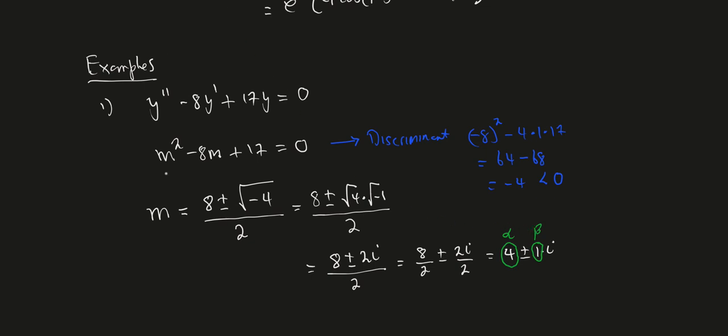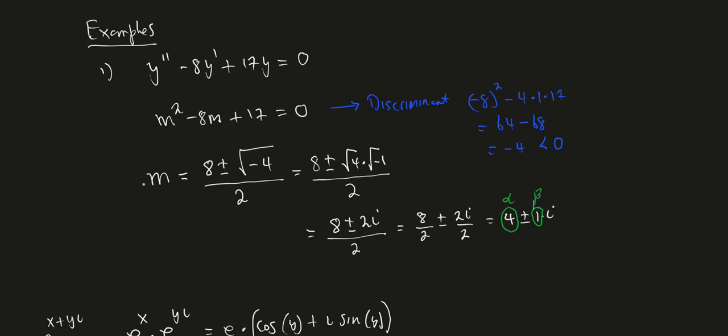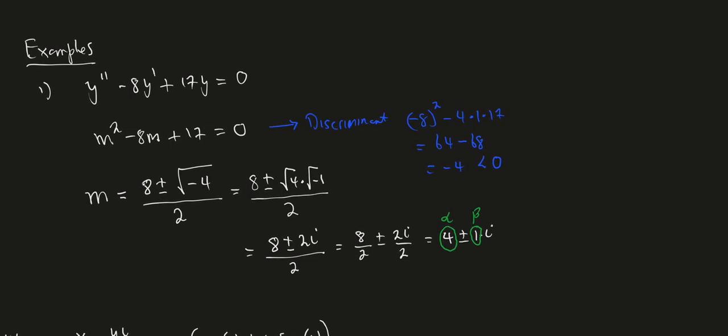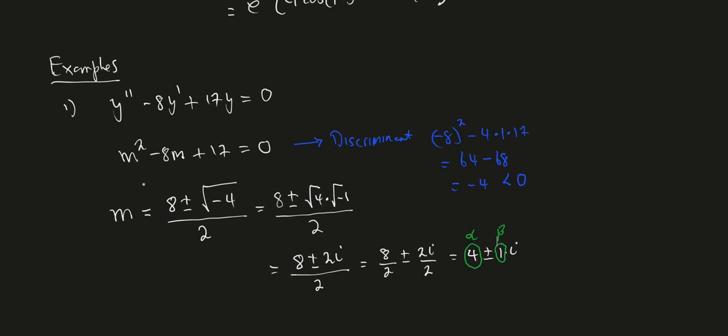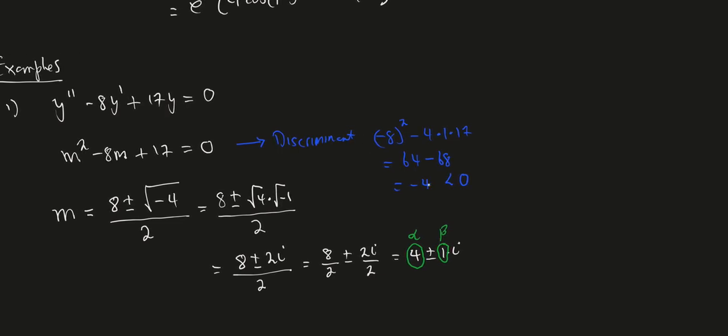So once I identify these, then I can write down my y1, which is e to the alpha, so 4x, times the cosine of beta, so 1x, and then y2 is e to the 4x times the sine of x.